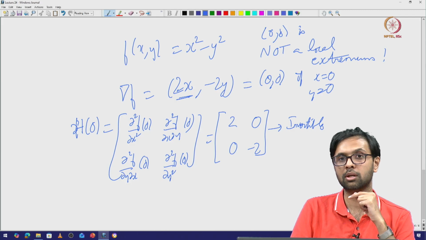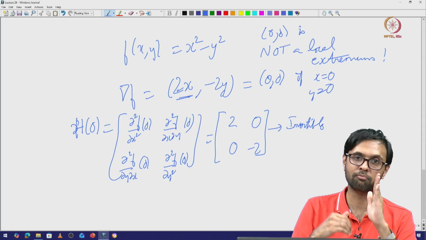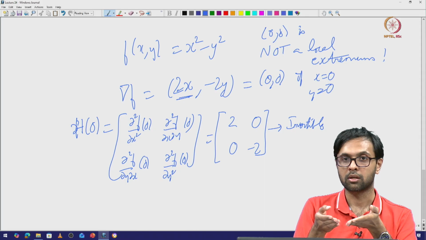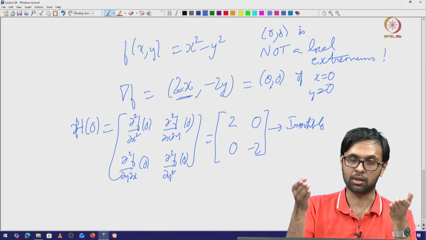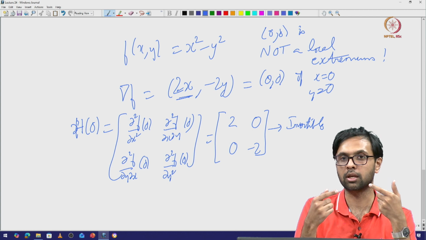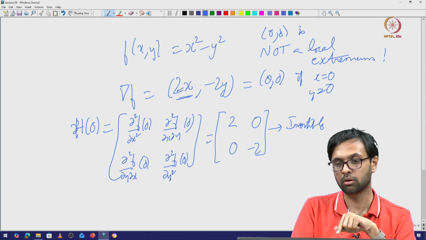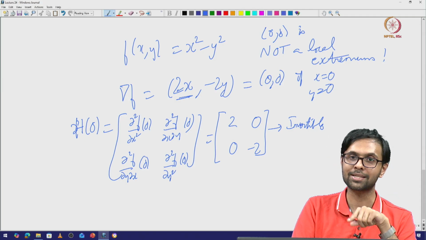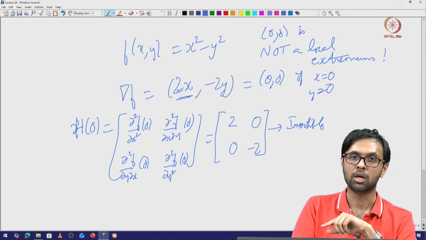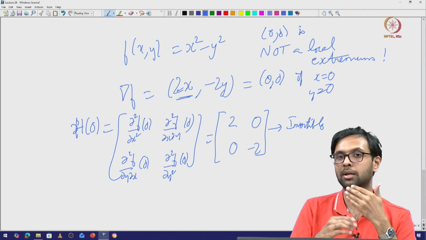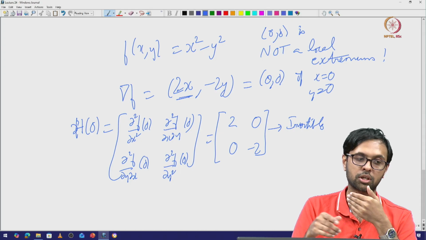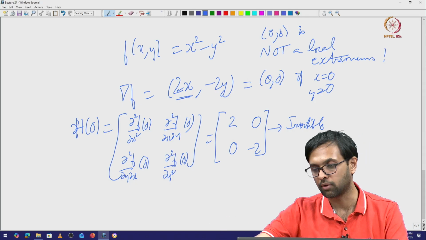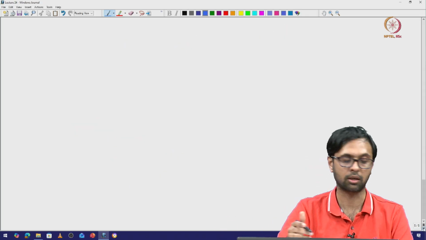Why is it not a local extremum? Because if you fix y to be 0 and you vary x, f is positive and it's 0 at 0. That is, f of (x, 0) is larger than f of (0, 0). But if you fix x to be 0 and let y vary, f of (0, y) is less than f of (0, 0). So in other words, it's neither a local max nor a local min. In some directions it's like a max, and in some directions it's like a min. So this phenomenon does not occur in one variable calculus. Already it's a subtle affair.